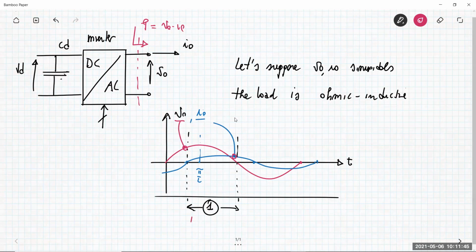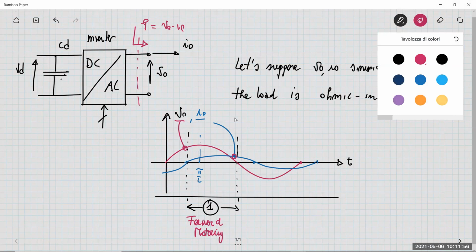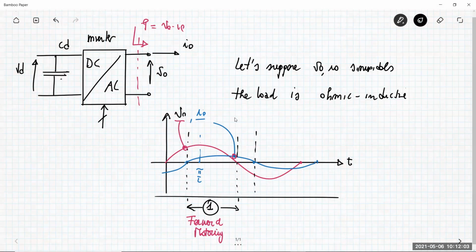This is the forward motoring. Then we have another interval, let me see this one, in which the current is positive, but the voltage is negative. In that situation, the number 2, we have a voltage which is reversed.